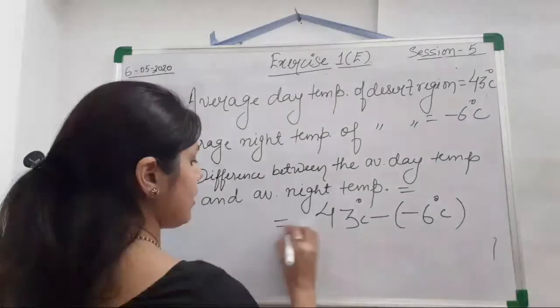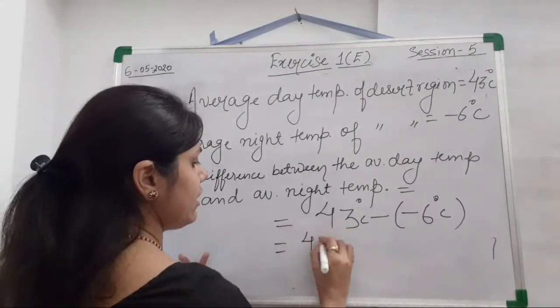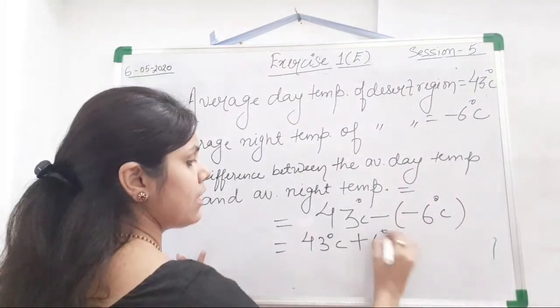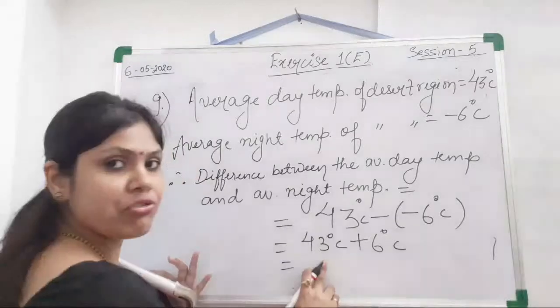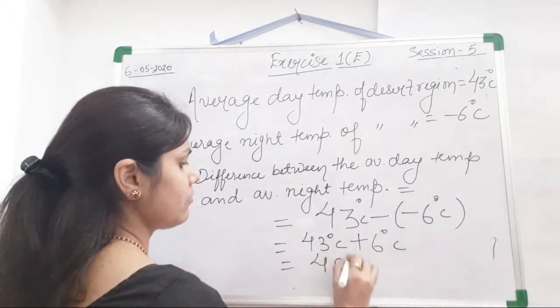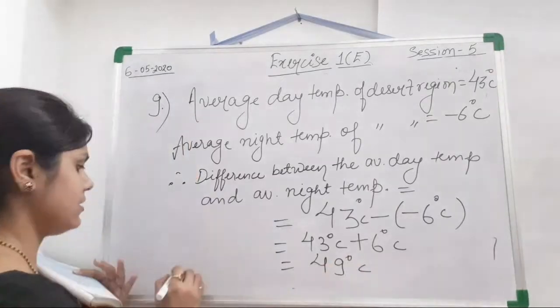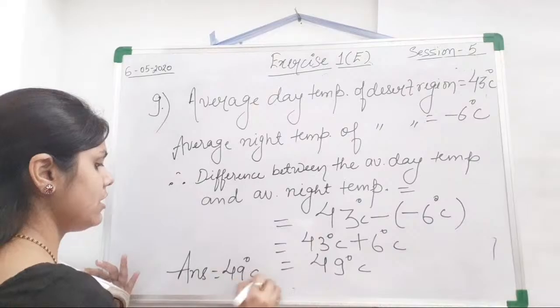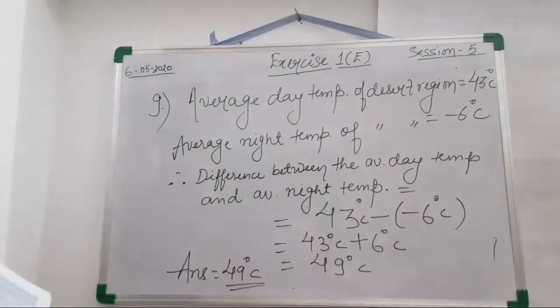What will come? 43 degrees Celsius minus minus, it will be plus. Now 43 degrees Celsius plus 6 degrees Celsius, 49 degrees Celsius. So your answer will be 49 degrees Celsius.